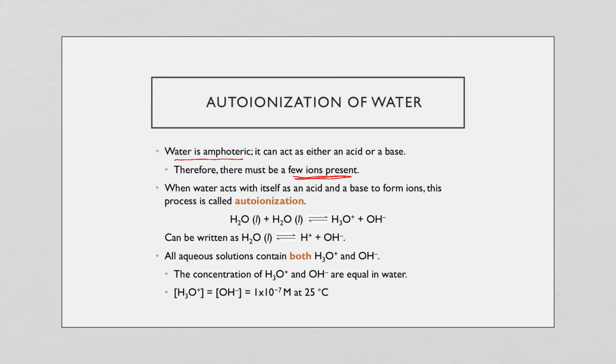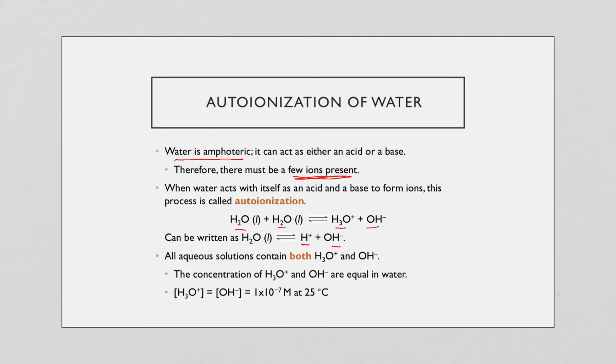And so this is what we call autoionization, where water reacts with water to form hydronium plus hydroxide, and of course, equal amounts. Now, again, this is often written as just water dissociates or transitions into hydrogen plus hydroxide, right?